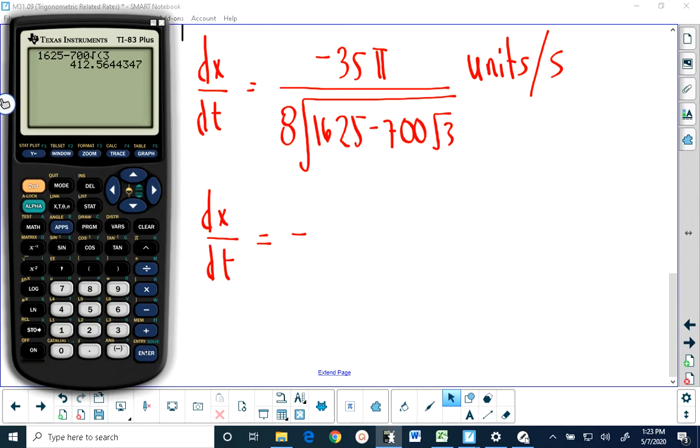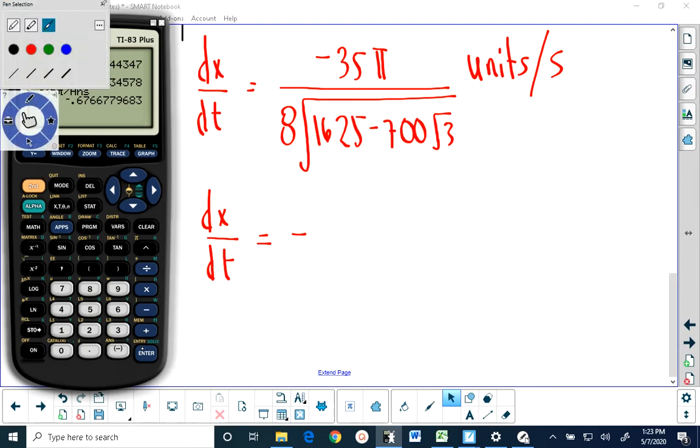So on the bottom we have the square root of that. That means the bottom is 8 multiplied by the square root of that number. And then on the top we have negative 35 pi divided by what we got on the bottom. Gives us about negative 0.68 units per second.